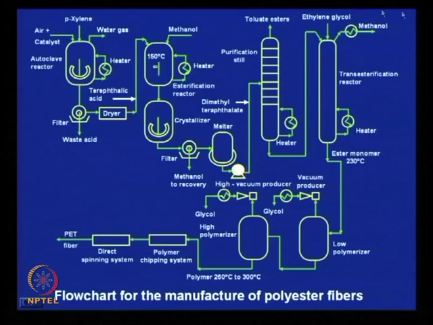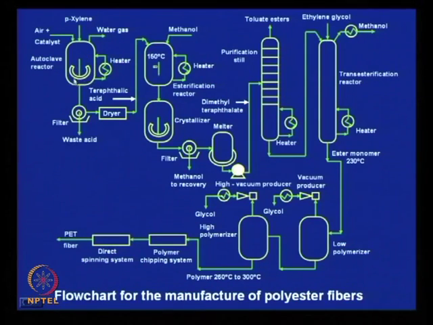So, this flow diagram shows the production of polyester fiber, PET fiber, from xylene, paraxylene and other reactants. From paraxylene, they prepare this terephthalic acid. So, this is a terephthalic acid synthesis reactor.